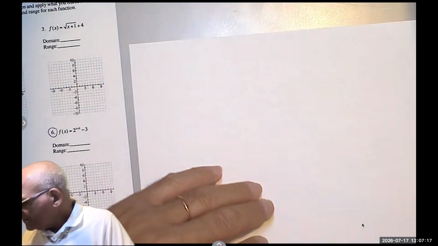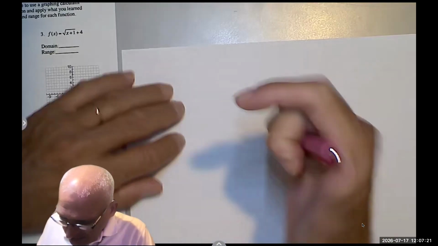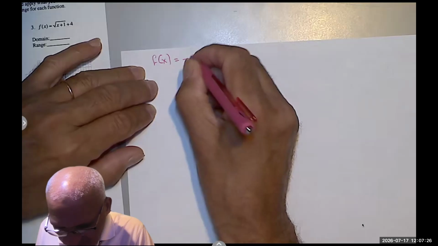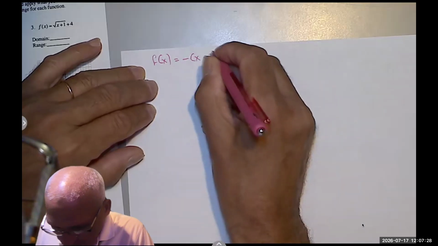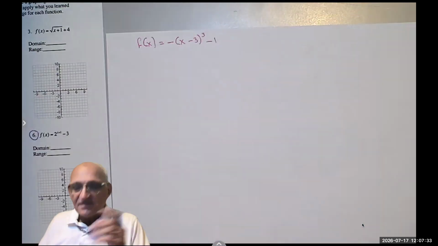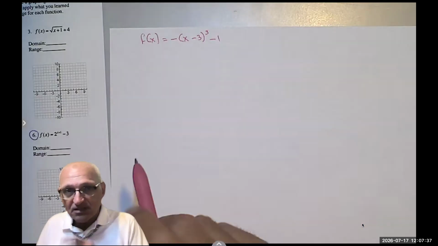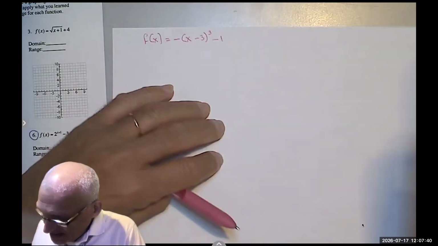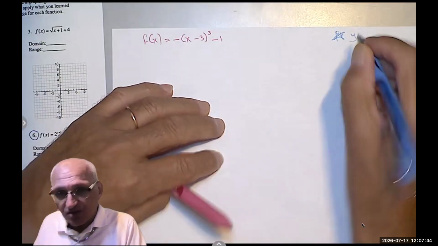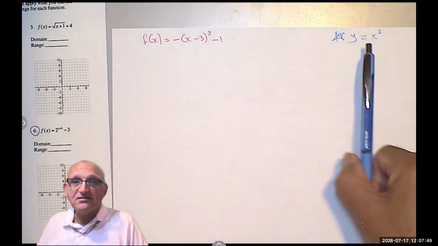Okay, so what are we going to do? Listen carefully. Here it says f of x equals negative (x minus 3) cubed minus 1. If I take all the signs and the numbers and throw them away, not the exponent, because the parent function here is f of x, I'm not going to use f of x. I'm going to say y so you don't get confused. y equals x cubed. That is the parent function, right?